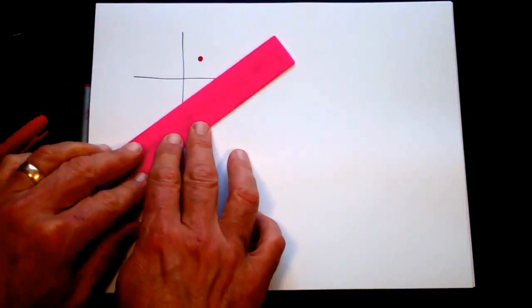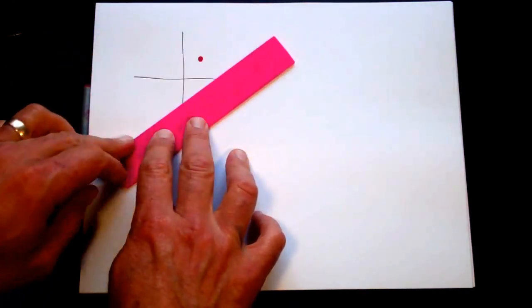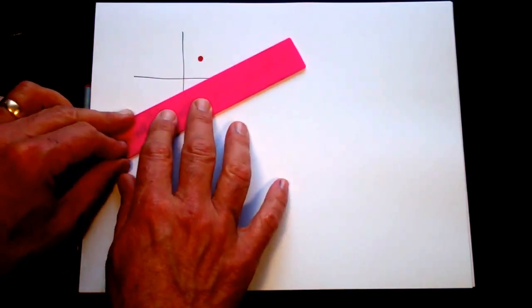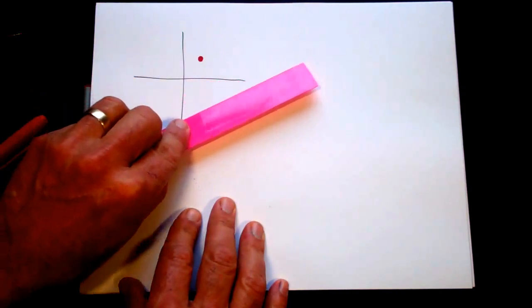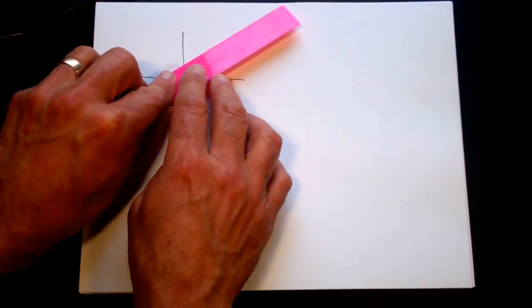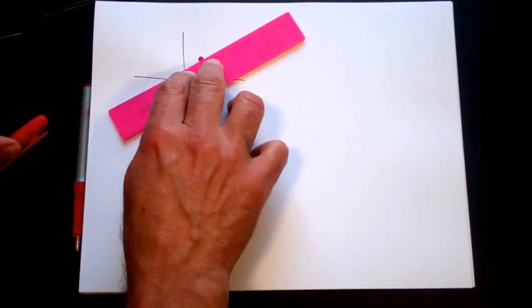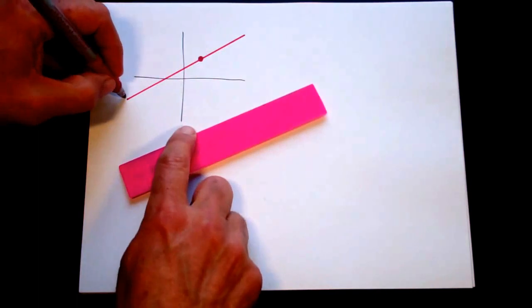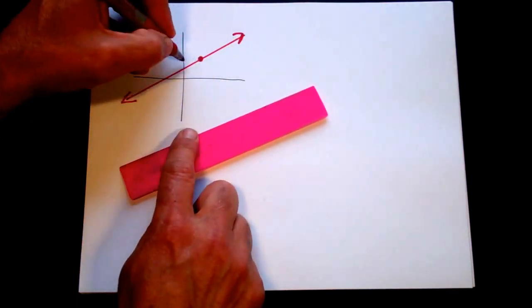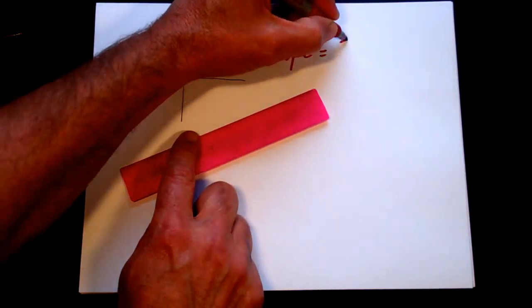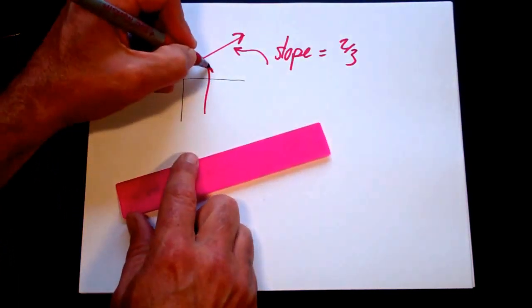So let's say the slope is, say, 2/3. And it could be a series of lines anywhere, but if it has a slope of 2/3 and it goes through this point exactly right here, you'll notice there's only one possible line that both has a slope of 2/3 and goes through this point.